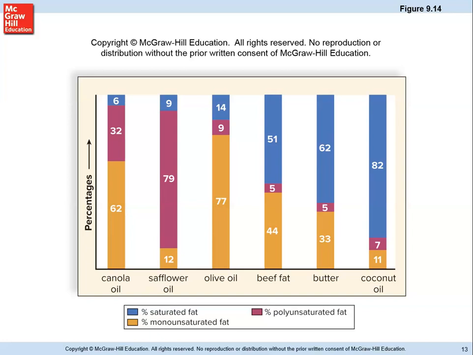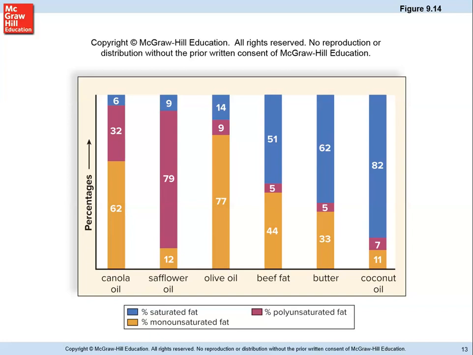Monounsaturated means, if you recall from our discussion in chemistry, you have a single double bond that causes the shape of the fat to change and keep it liquid at room temperature. Polyunsaturated fats have multiple double bonds, which means they're even more changed in shape. They're even more liquid at room temperature. So the question at hand here is, which kind of fat is the healthier fat for you?